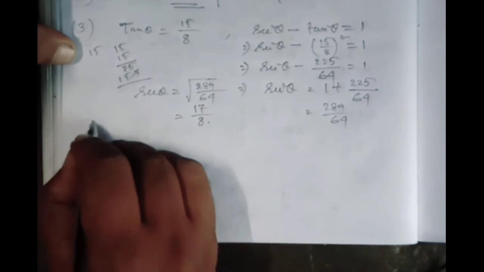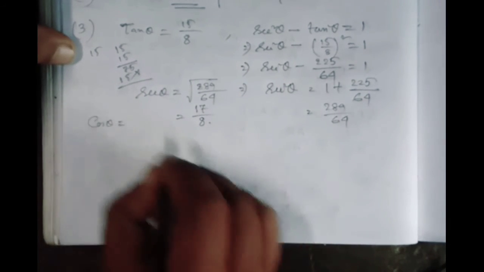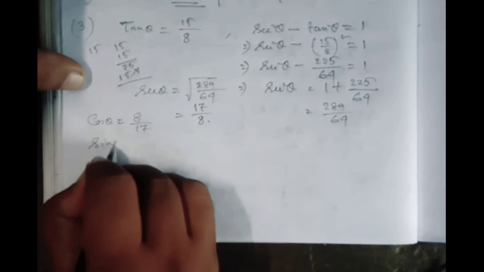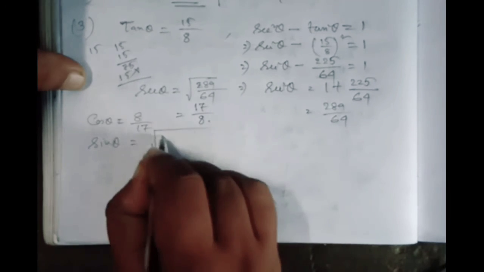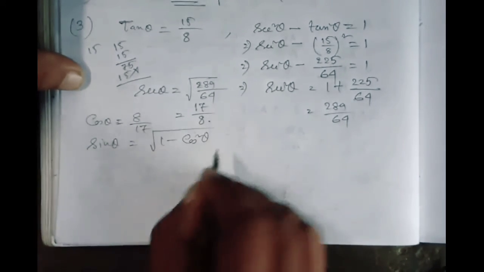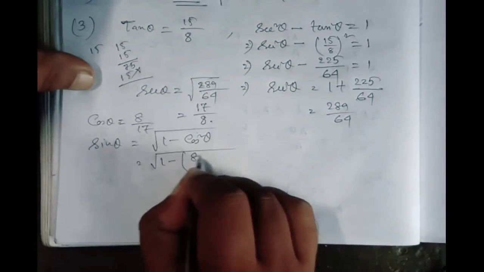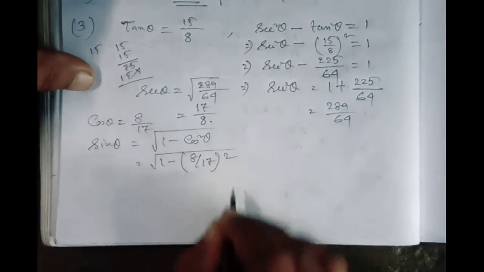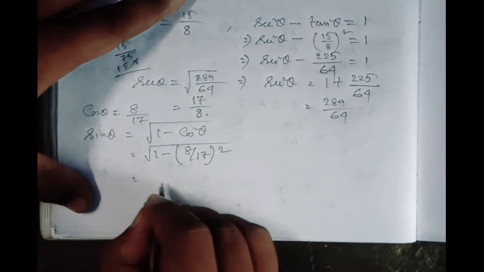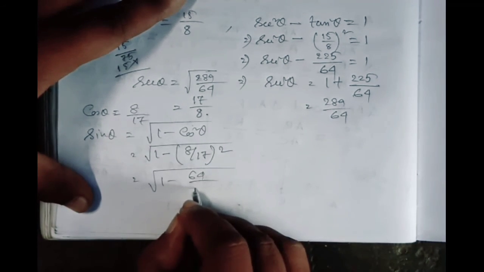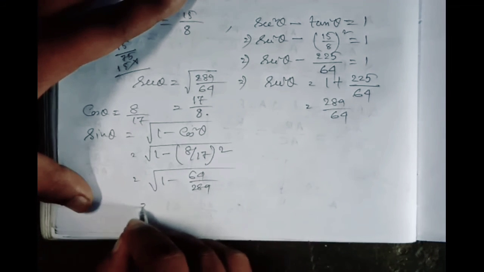Now cos theta is equal to 8 by 17. Sin theta is equal to root over of 1 minus cos square theta, that's equal to root over of 1 minus (8 by 17) whole square, that means root over of 1 minus 64 by 289.